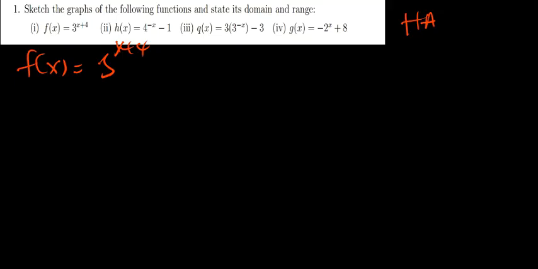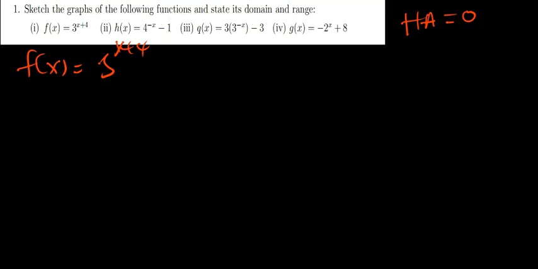The number that is not attached to this is basically 0, so it was plus 0. So therefore the horizontal asymptote in that case is 0. So here the number that is not attached is negative 1. So the horizontal asymptote is negative 1.